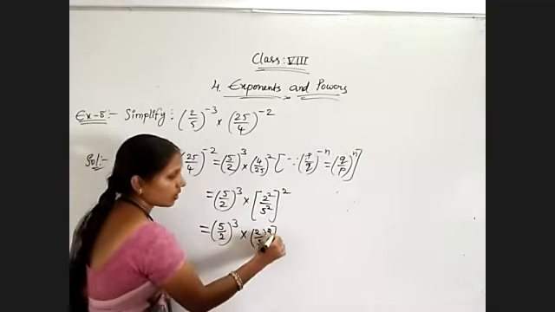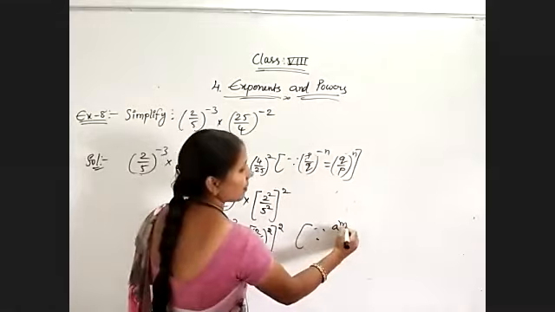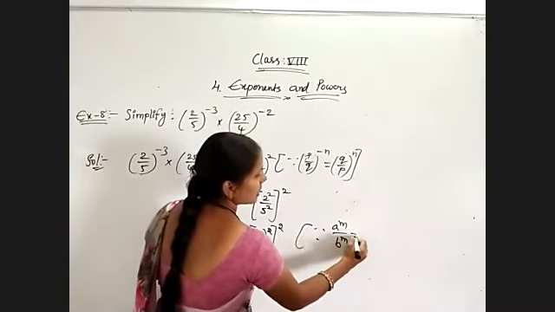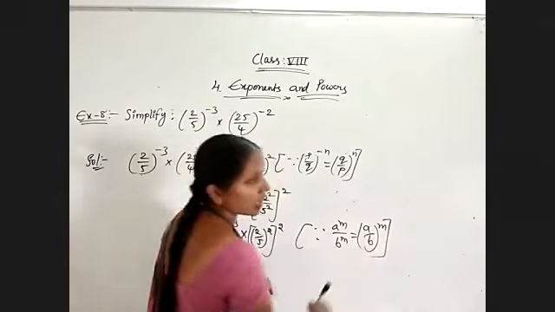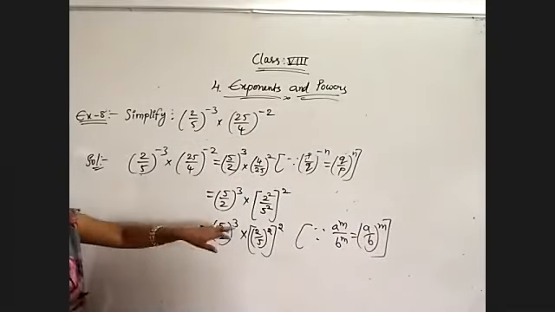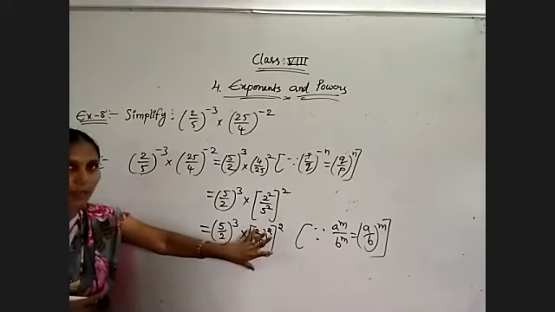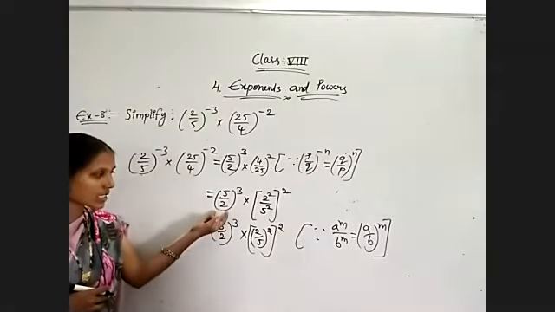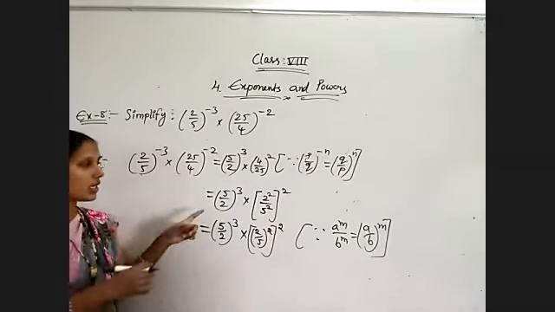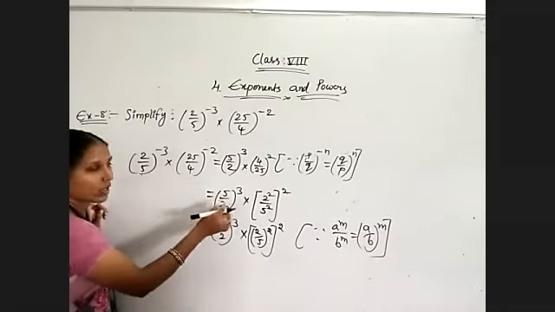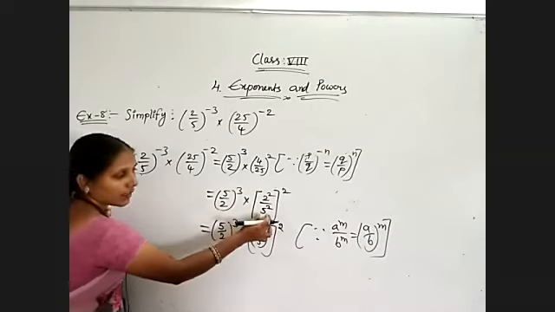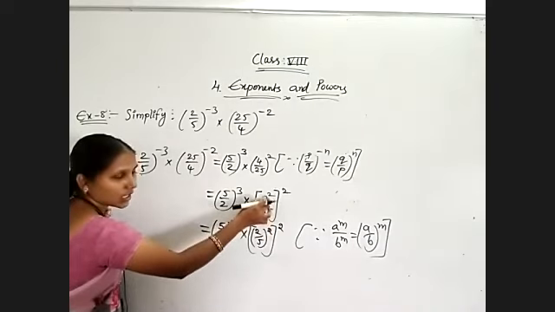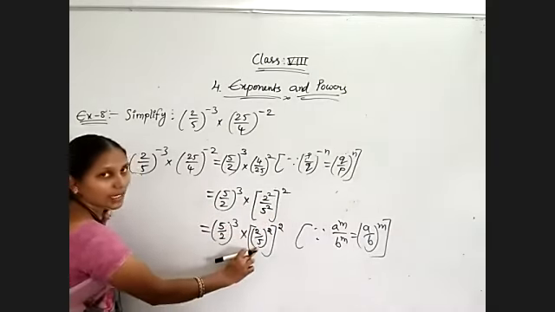Since inside we have used the formula a power m by b power m is equal to a by b whole power m, laws of exponents. When they are given separately, we must combine. If they are given combined like this, we need to use separately. That means this complete term, now it is combined, no? We need to divide. If they are given separately, then we must combine.